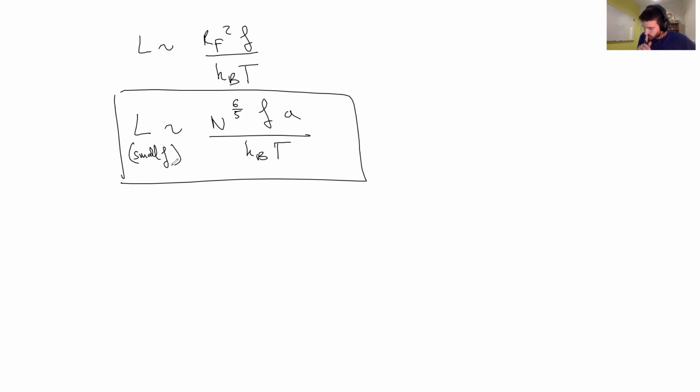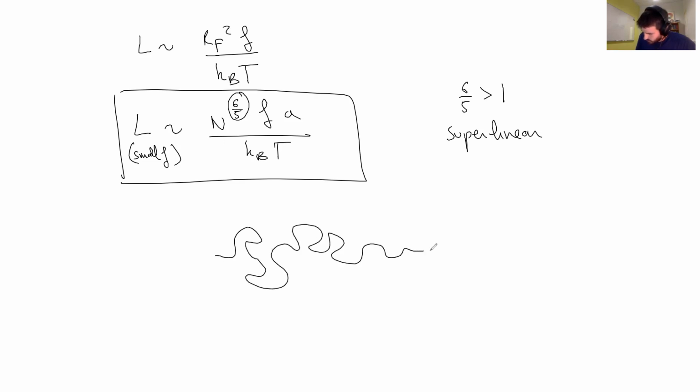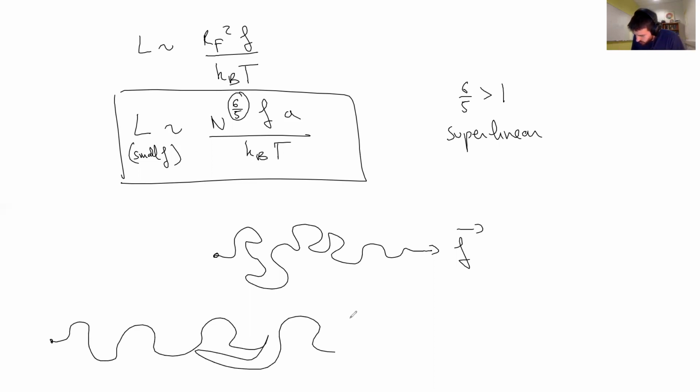So it's interesting. There is a comment to be made. Look at the power here. 6/5 is greater than 1, which means it's a superlinear behavior. In the sense that now I'm really pulling on my chain, and if I simply double the number of monomers, I don't double the length; it's even more.